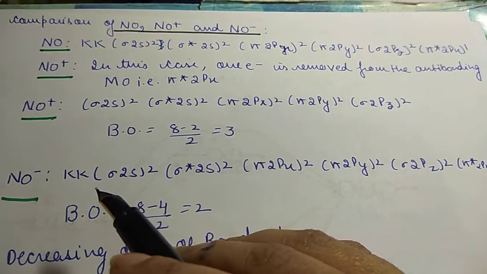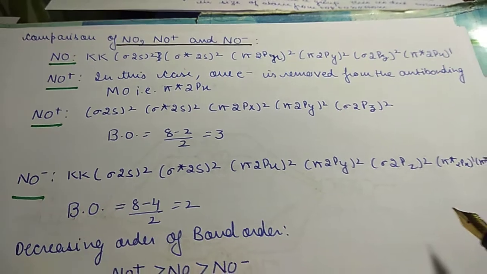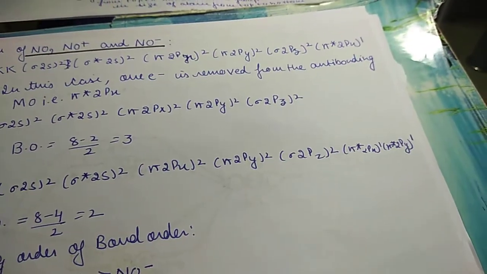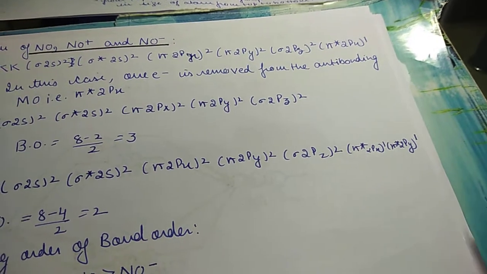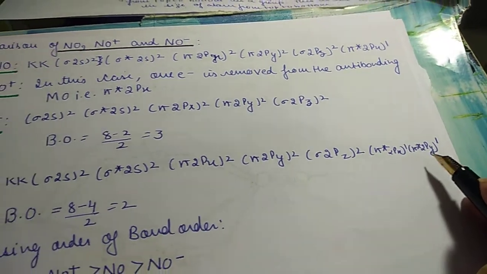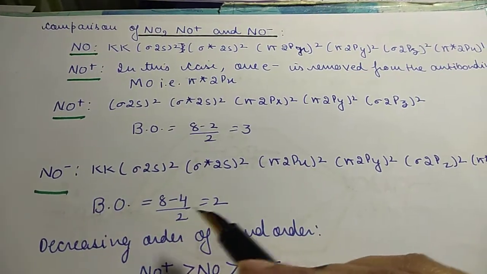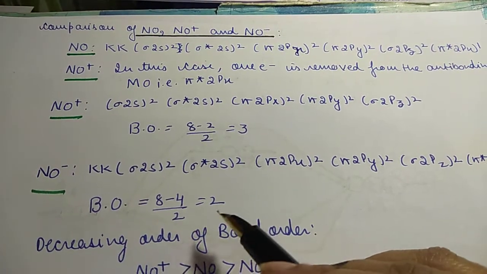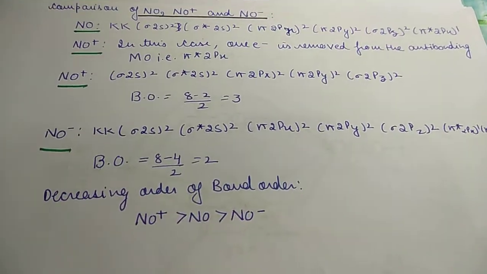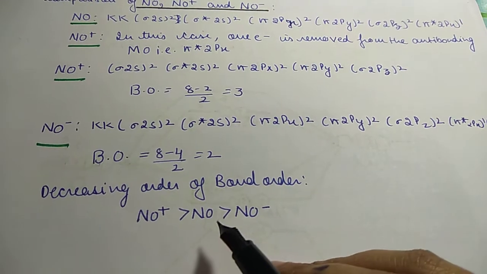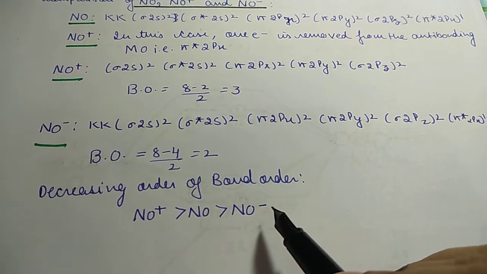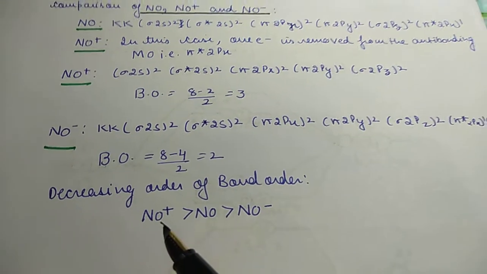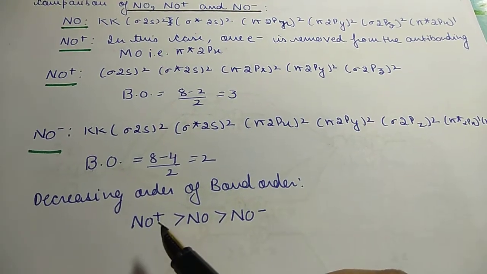And in case it is NO negative, one extra electron will be added to pi star 2py1, and bond order will be 8 minus 4 upon 2, so 2 will be the bond order. So out of NO positive, NO and NO negative, NO negative will have the least bond order and NO positive will have maximum bond order.